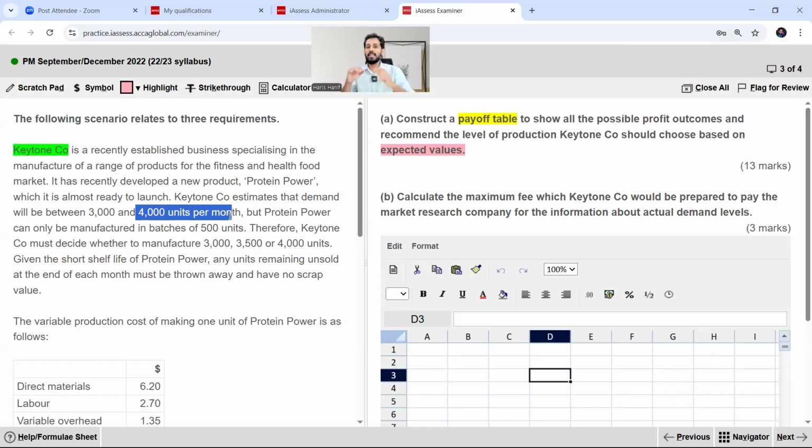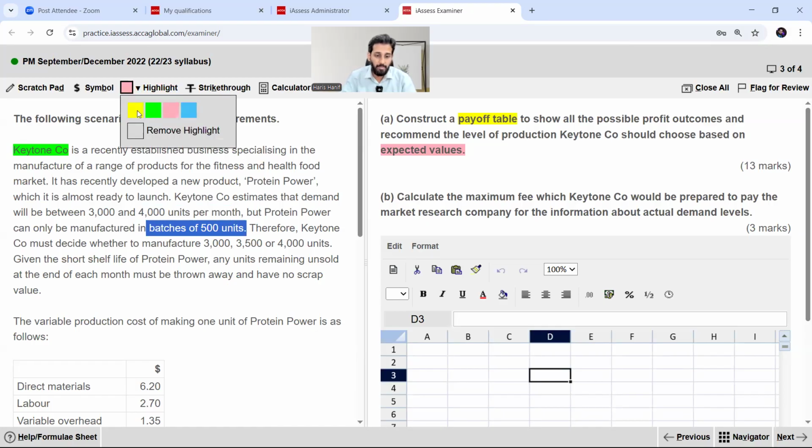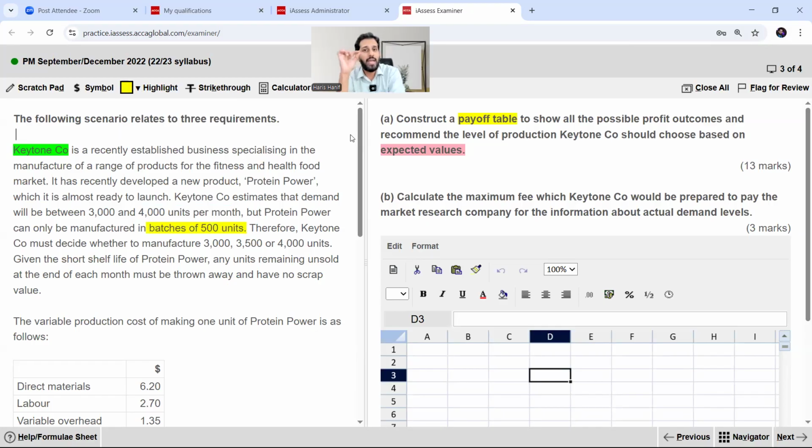They are estimating that demand can be either 3,000 and 4,000 or in between. But Protein Power can only be manufactured in batches of 500. This is a very important highlighting point, that you can only produce this product in batches of 500. That means one batch is equal to 500 units, right?